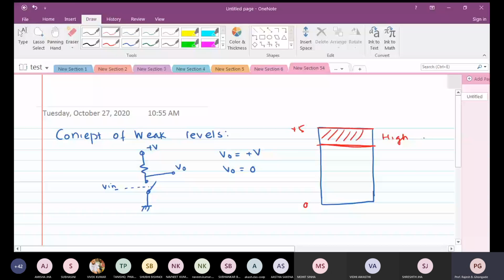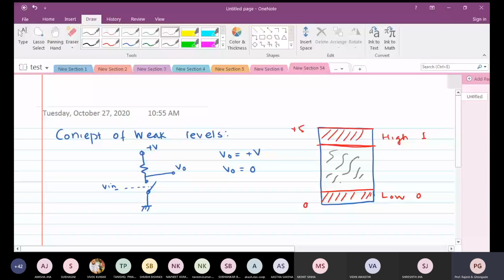This range of voltage from 0 onwards to some value I'm going to call as low. Anything between these is invalid. You all know that in digital electronics.